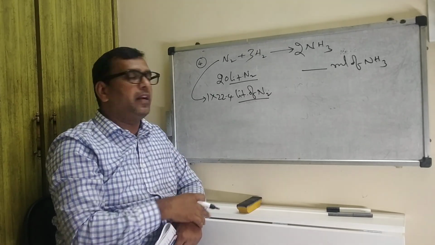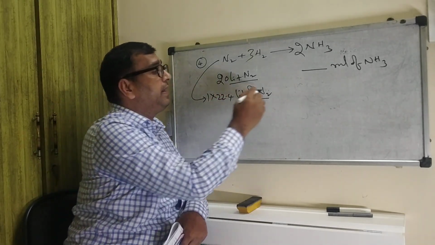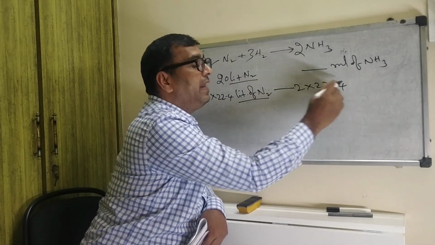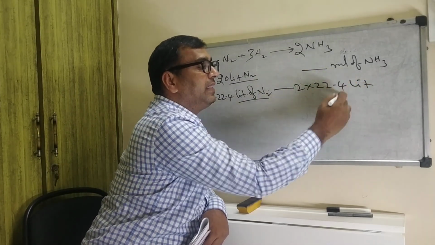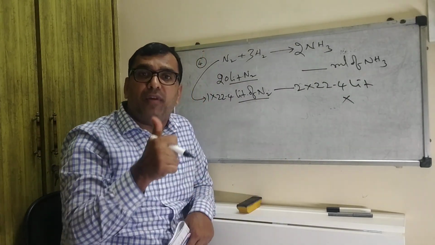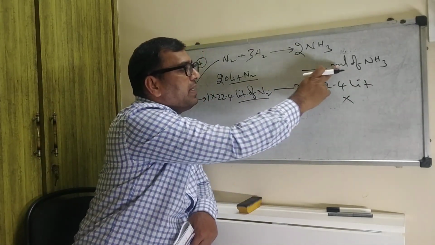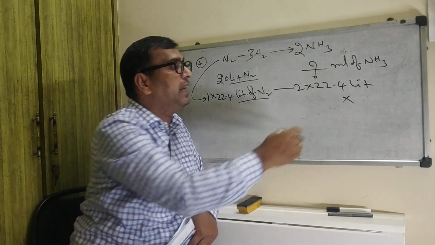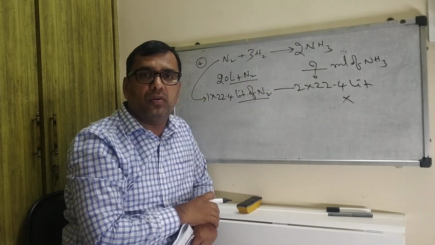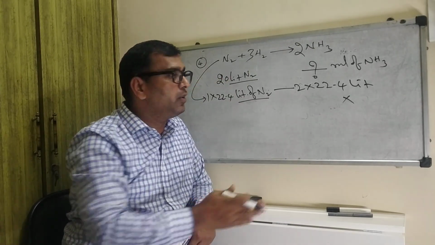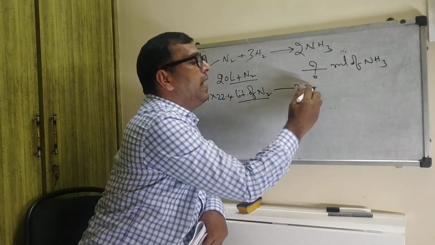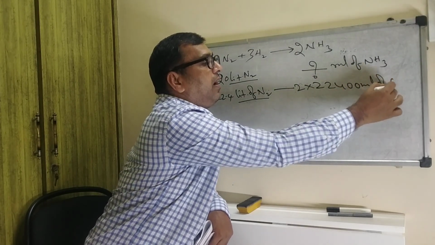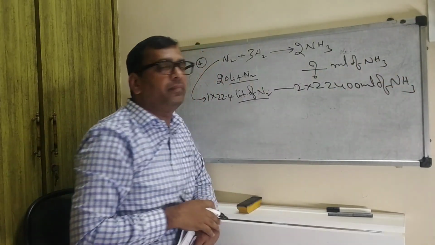It gives 2 into 22.4 liters. If you write like this, it is wrong. Why? Because what you are going to calculate is required in ml, and if you write liters you will get the answer in liters. So you take 22,400 ml of ammonia.